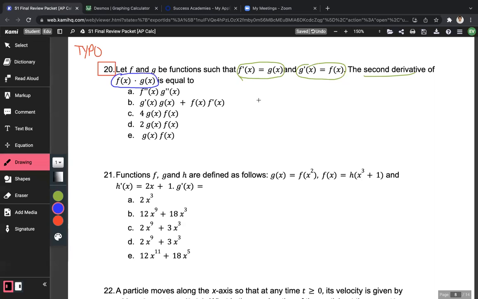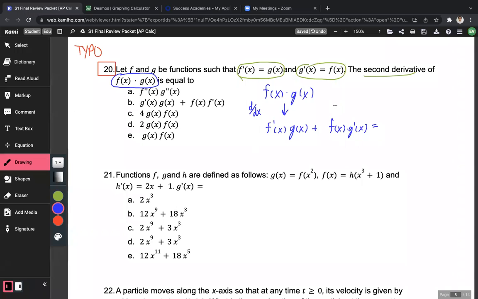All right. So I'm looking at f of x times g of x, taking its first derivative. That's going to give me product rule here, f prime of x times g of x plus f of x times g prime of x. And if I wanted to, I could make some changes.